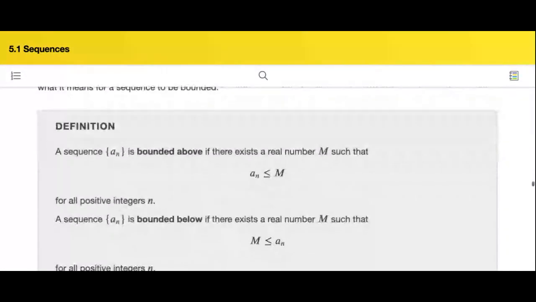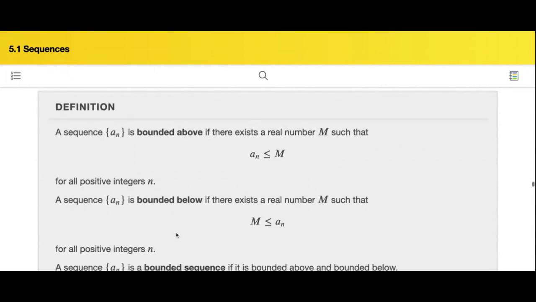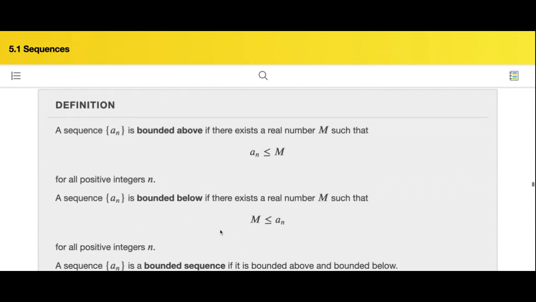Bounded sequence. A sequence is bounded above if every term is less than or equal to M. So we have an upper bound. A sequence is bounded below if it has a lower bound, right? All the terms are greater than or equal to a certain number.